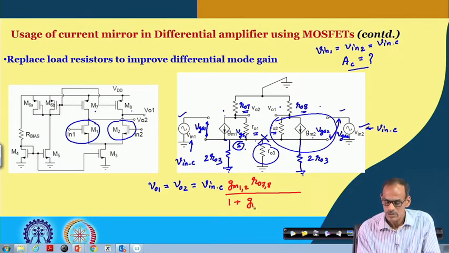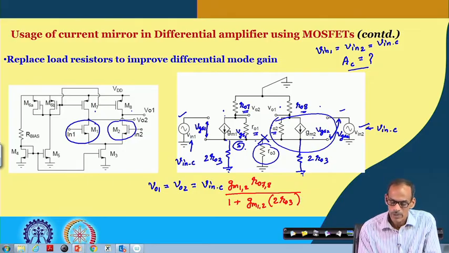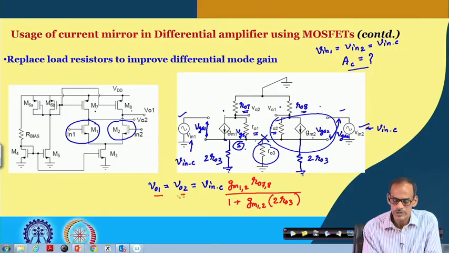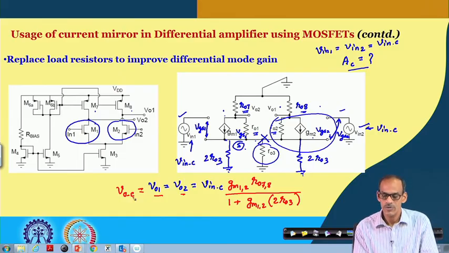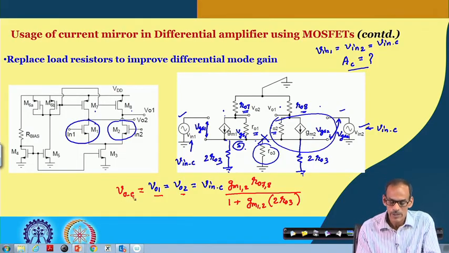So, that is gm1,2 multiplied by 2 times RO3. And so both the outputs are the same. So, we can say that this is the common output voltage for common mode operation.